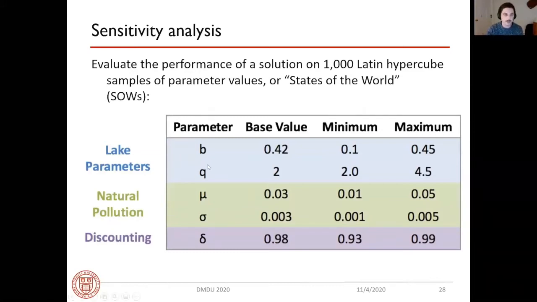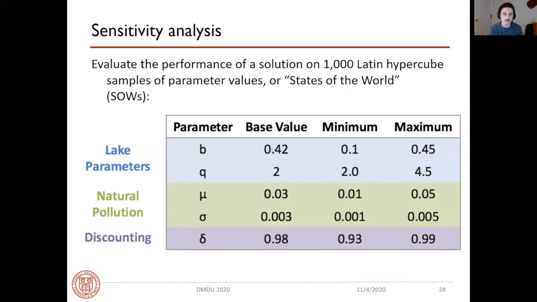The uncertainties in our lake system include the lake parameters B and Q, which are the removal rate and the recycling rate of phosphorus, respectively. The moments of our natural pollution, so the mean and the standard deviation of our natural phosphorus inputs, and then the discounting factor, which really governs how we calculate our economic objectives.